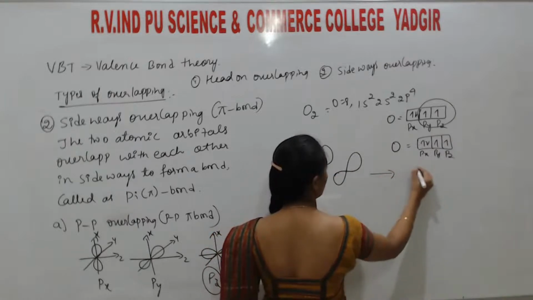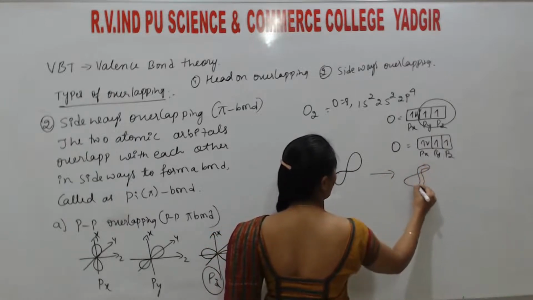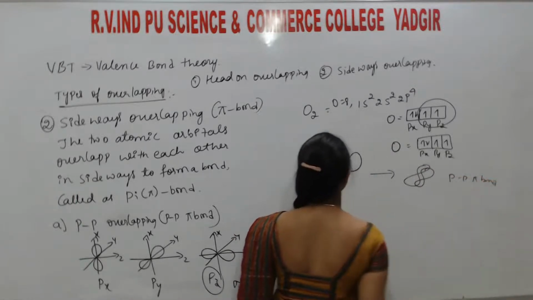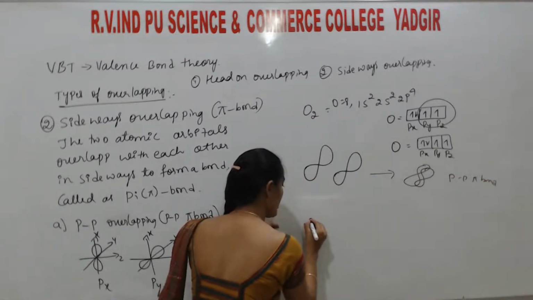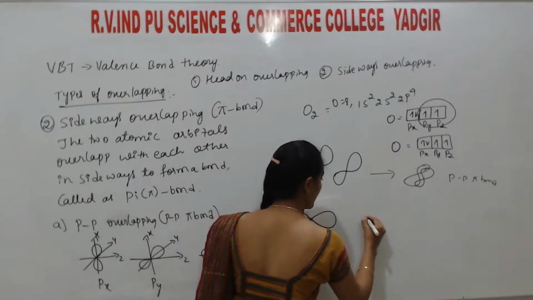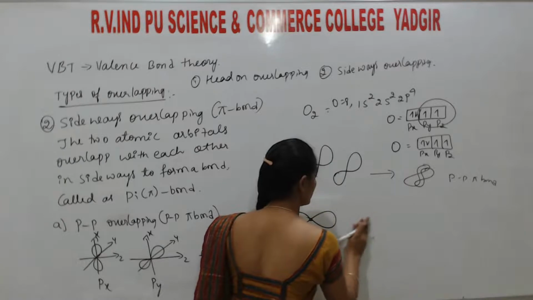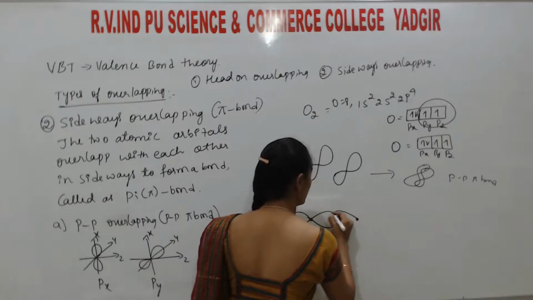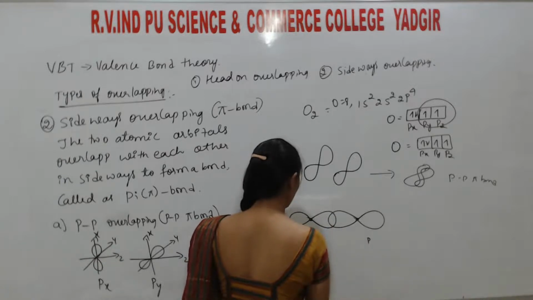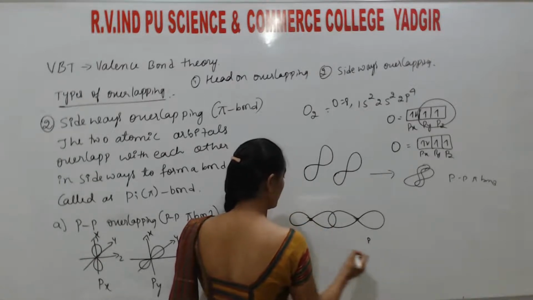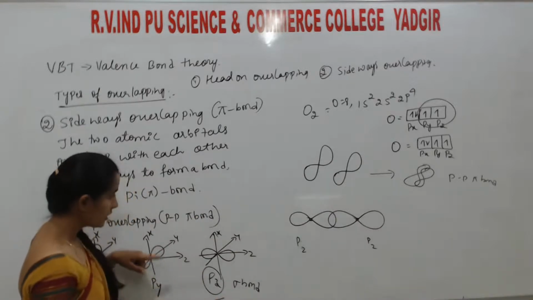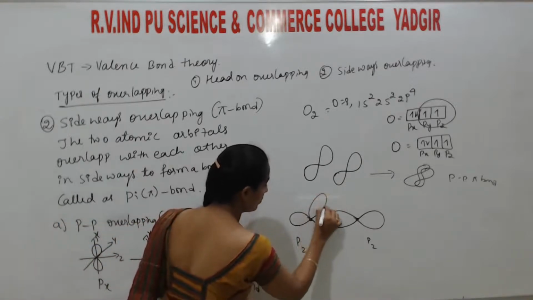So they form this type of bond. Means if I take an oxygen atom here, this is a p orbital, and in the other oxygen atom, this is a p orbital. Which orbital? pz, here, this one, the pz orbital. So another one is py, like how?